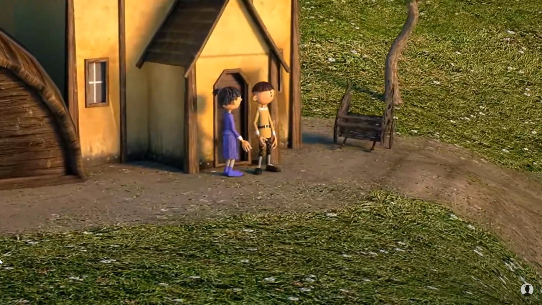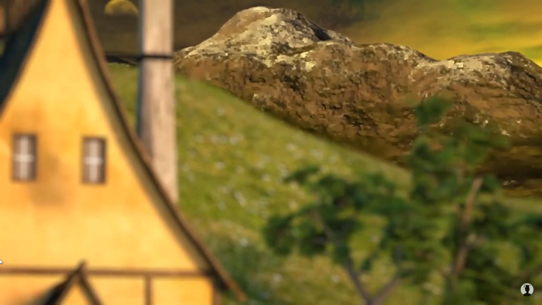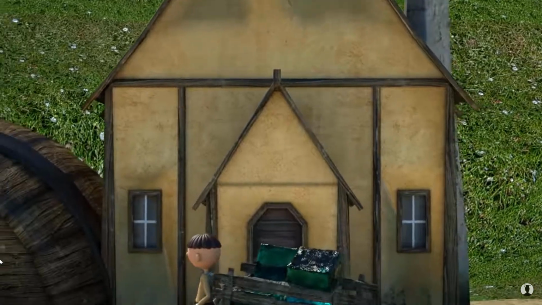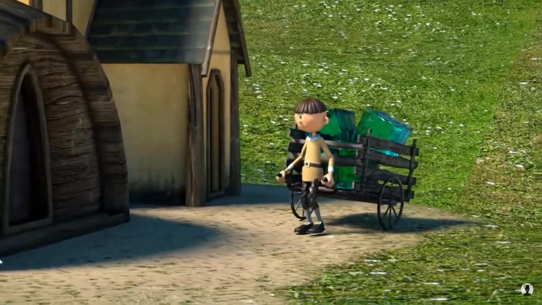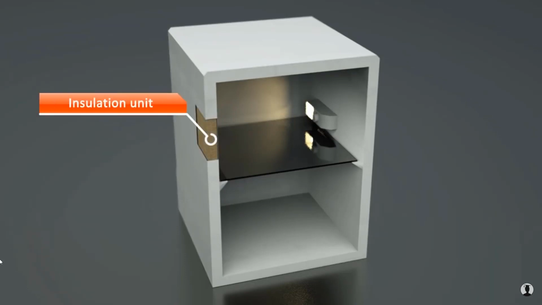Refrigerators are an invention of the 20th century. In medieval times, long distances had to be traveled in order to get ice and snow to keep food fresh. All modern fridges with a compressor work in the same way. A container made of plastic and metal is equipped with several insulation units so that ambient heat cannot get into the fridge.